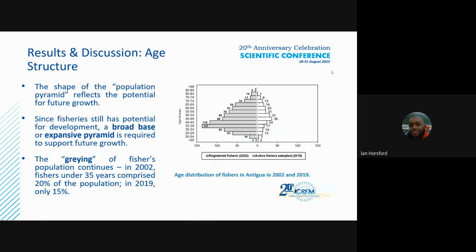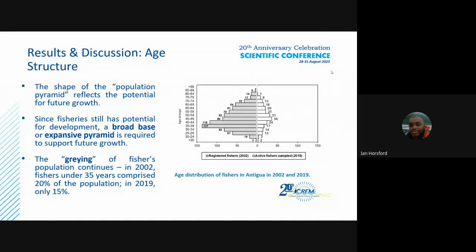I'll jump directly into the information in terms of age. As far back as 2002, we had this issue in terms of the graying of the fishery sector, the graying of the population. At that time, the actual median age was in the ballpark of roughly between 35 and 39 years of age.